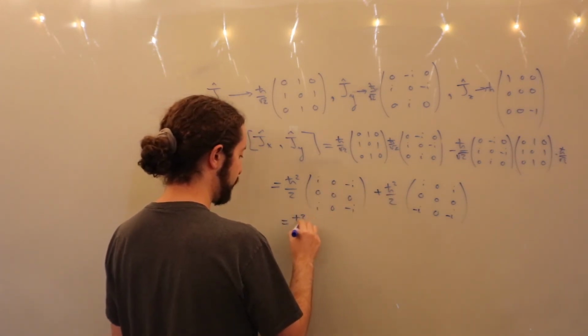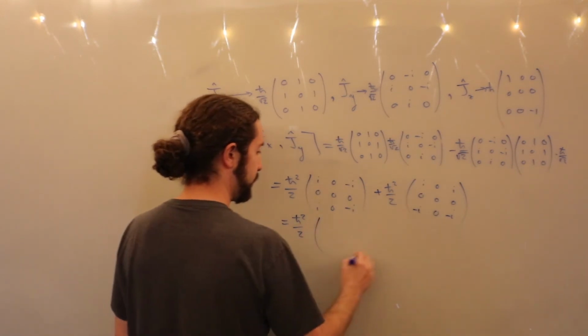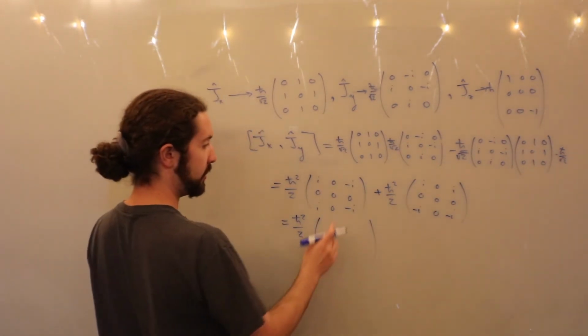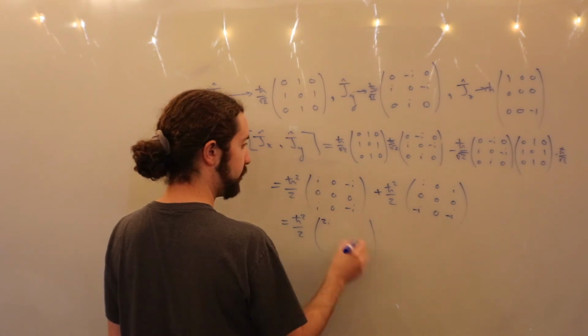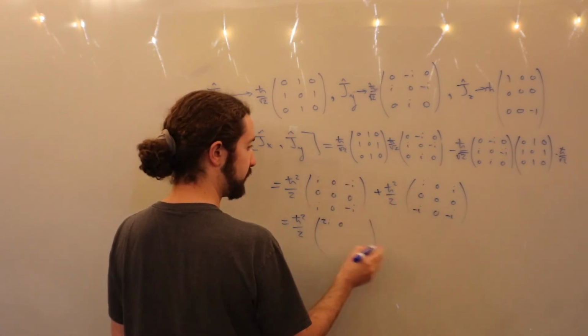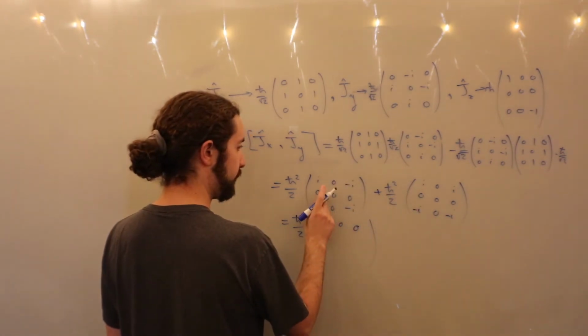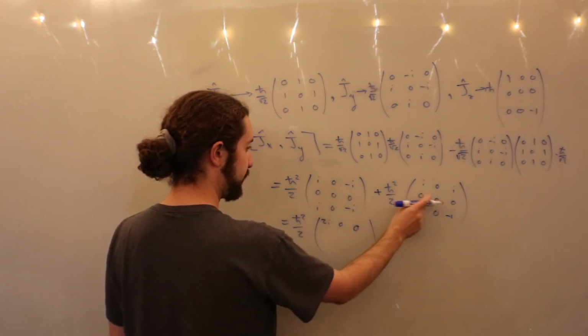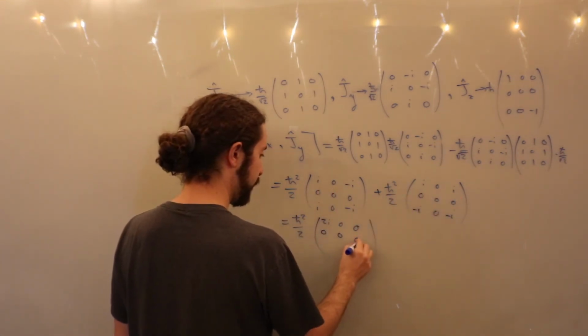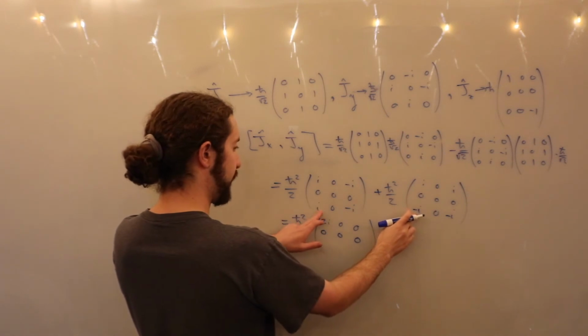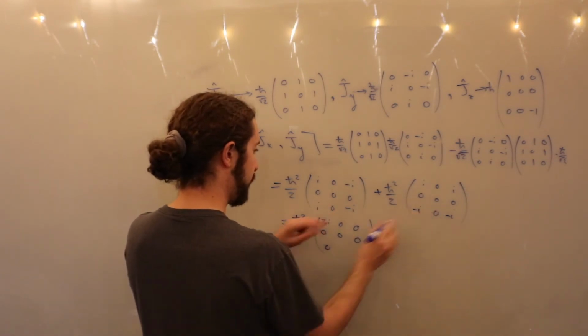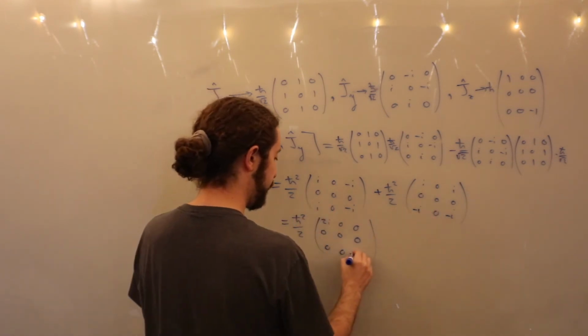So we're going to have ħ²/2 times i plus i is 2i, 0 plus 0 is 0, we're going to have 0 again, 0, 0, 0 plus 0, 0, 0, bunch of zeros. These 2 cancel out, 0, 0, and then negative 2i.